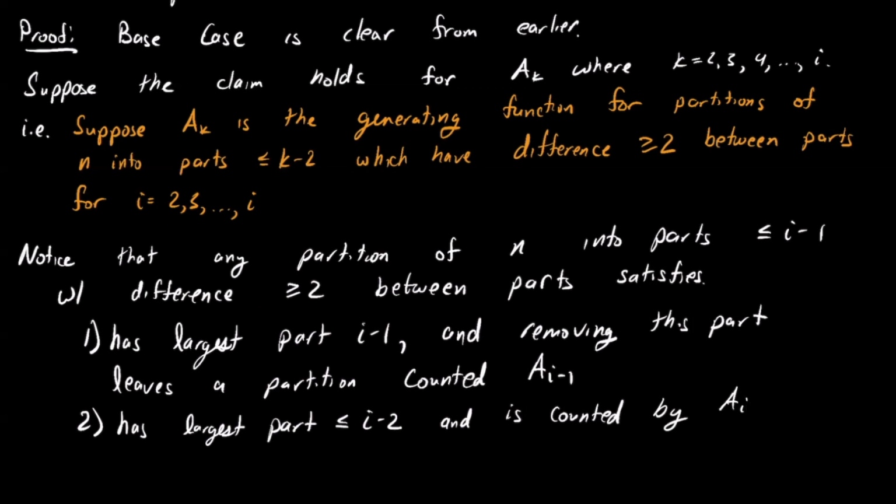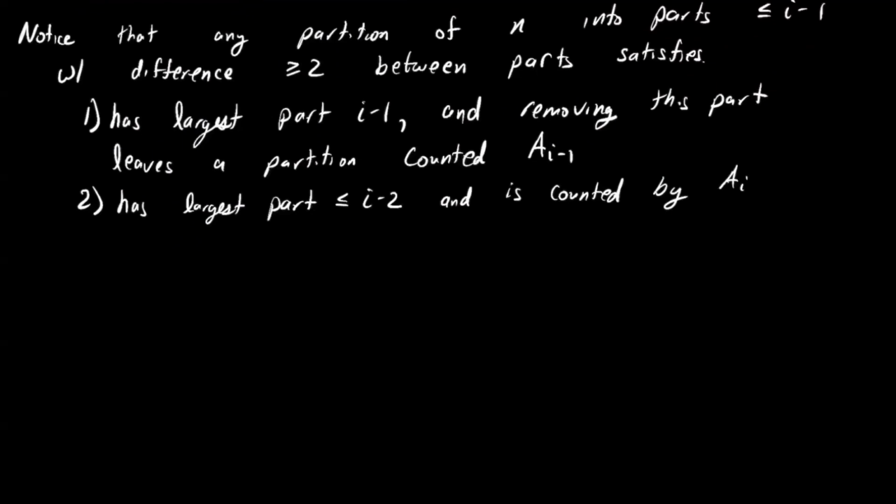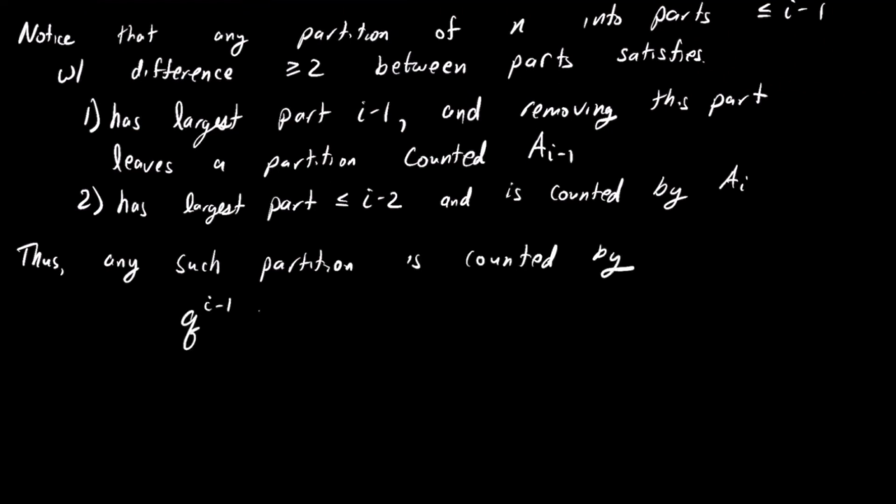Okay, so any such partition is counted by q to the I minus 1 times a sub I minus 1, where I'm using the q to the I minus 1 to represent the largest part I minus 1 that I've pulled out, plus the partitions already counted by a sub I. The thing that I notice is that these partitions satisfy the exact same recursion as the polynomials.